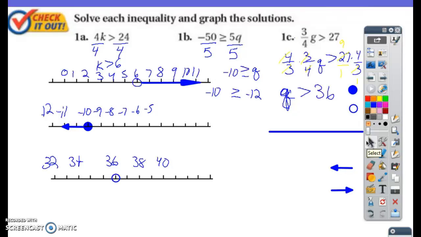But, oh, actually, no, I'm not. Look at that, not consistent. I have to go 36, this is 34, and this is 32. Okay. But g is greater than 36, so we're going to be going in this direction over here.